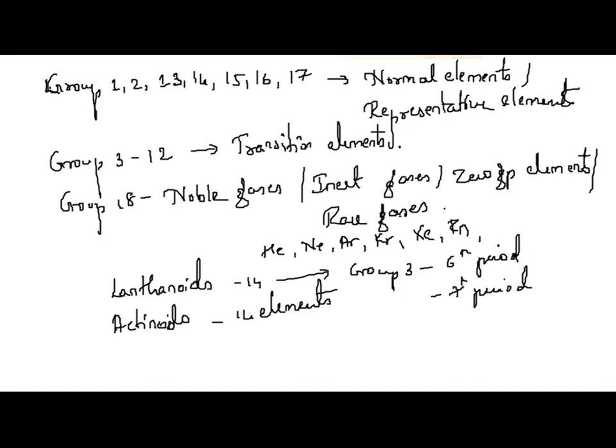Now, coming to the typical representation. Group 1 elements are called alkali metals. The reason is, some of the metals present in this group, like sodium and potassium, combine with oxygen and form oxides.